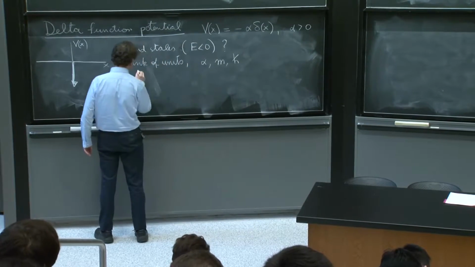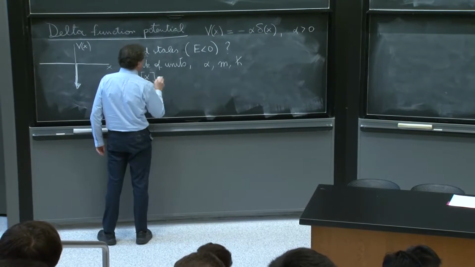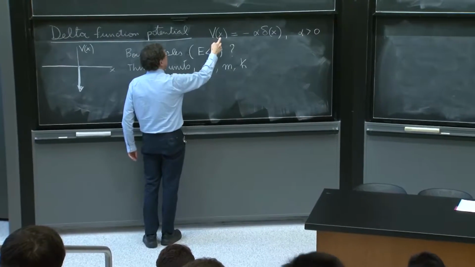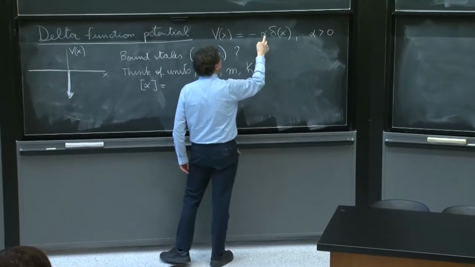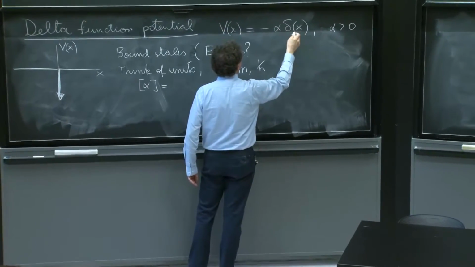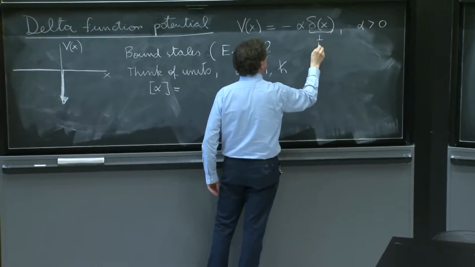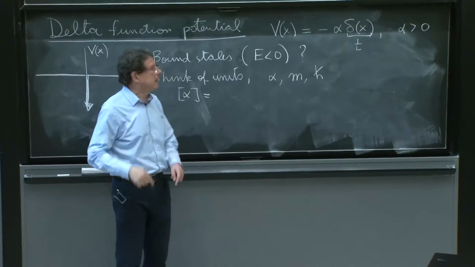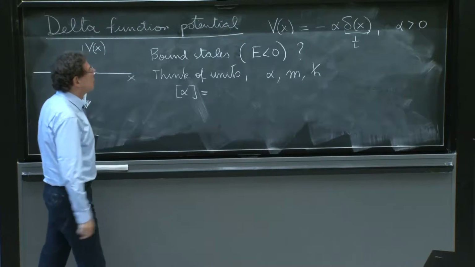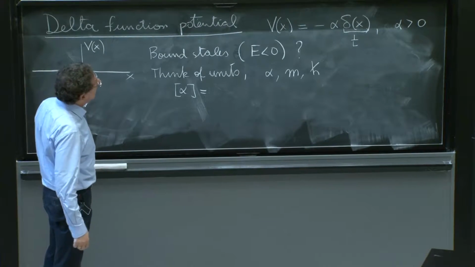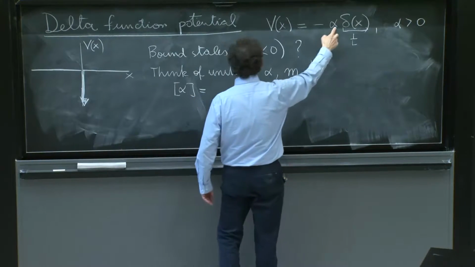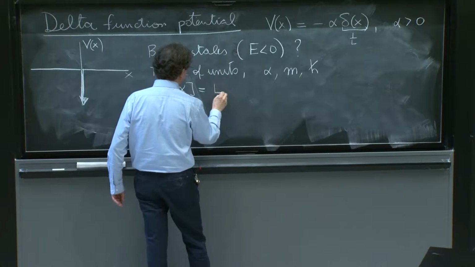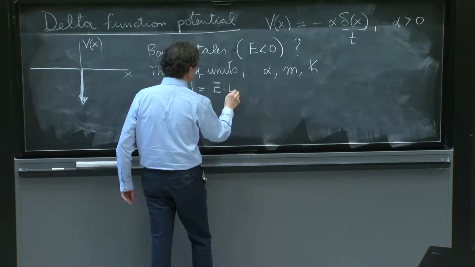So you can now decide, well, what are the units of alpha? The units of alpha have to give you energy, but the delta function has units of 1 over length. Remember, if you integrate over x, the delta function gives you 1, so it has units of 1 over length. And therefore, alpha has to have units of energy times length.